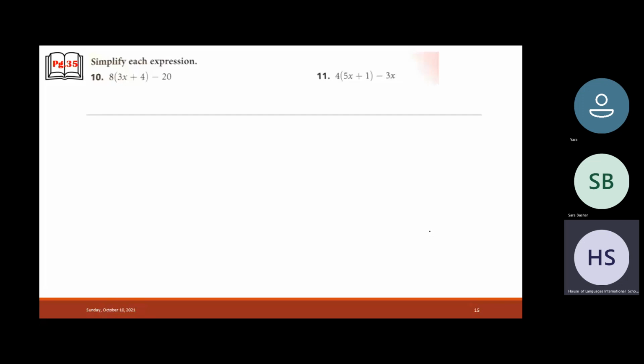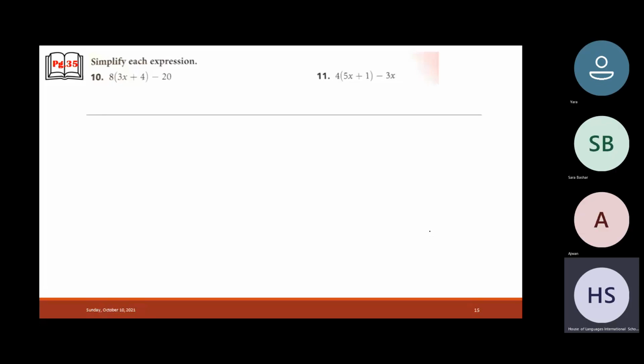Yeah, now go open your book, page 35. Grade 7, page 35. Simplify each expression. 8 times 3x plus 4 minus 20. Noura, please, when you are available, come to my office. I will repeat how I add integers to you. Okay?